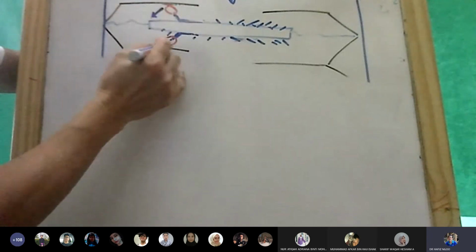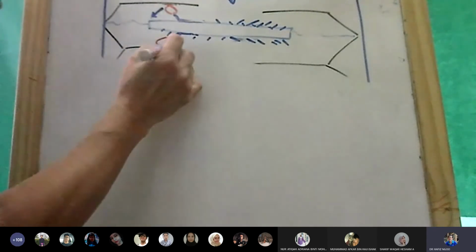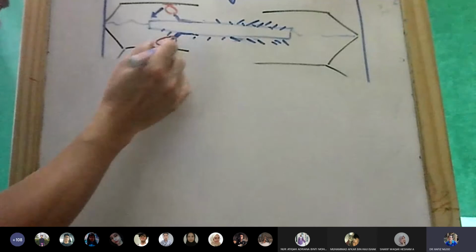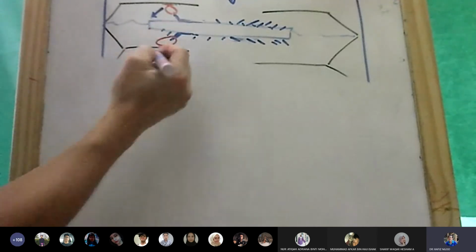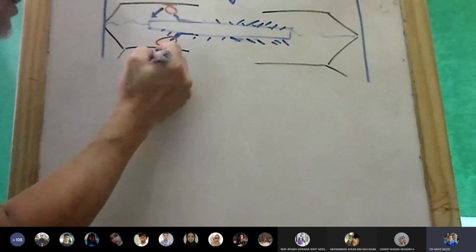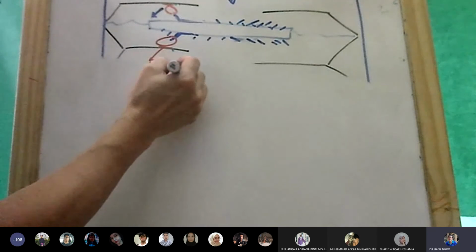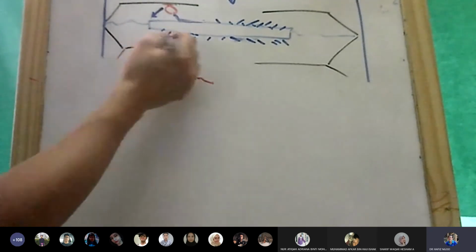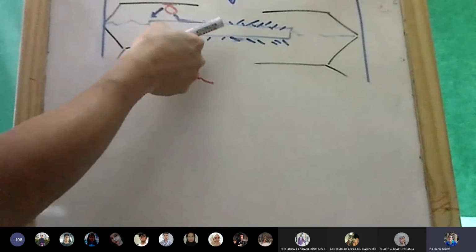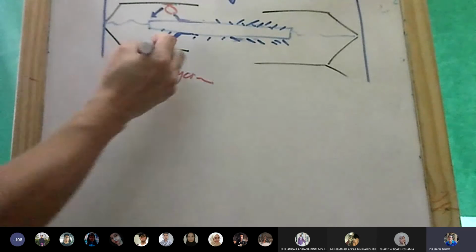Now when calcium binds to troponin, it actually pulls away the tropomyosin. When it exposes, basically pulls it away, then it exposes the binding site on the thin filament.